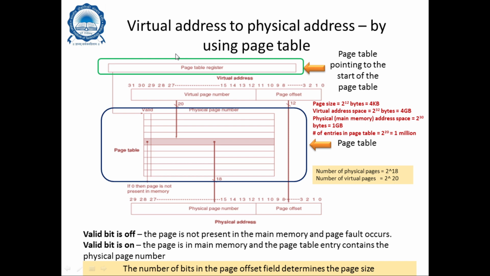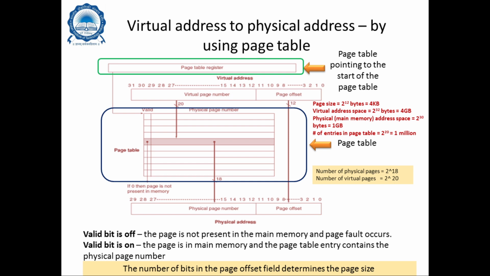Then you have the virtual address, a 32-bit virtual address, that comprises two fields. The first is the virtual page number and the second is the page offset. The page offset is 12 bits and the virtual page number is 20 bits.